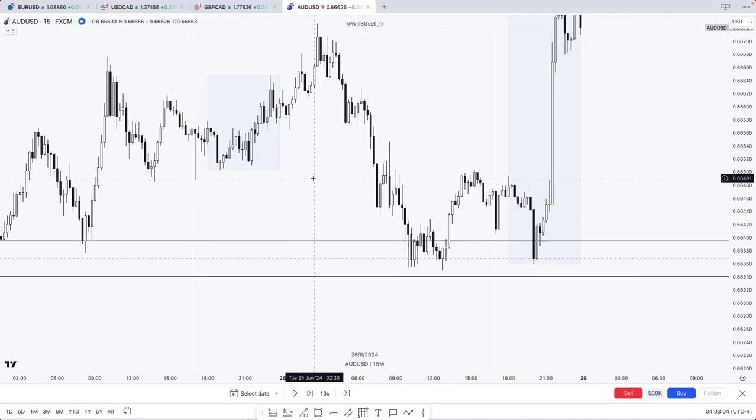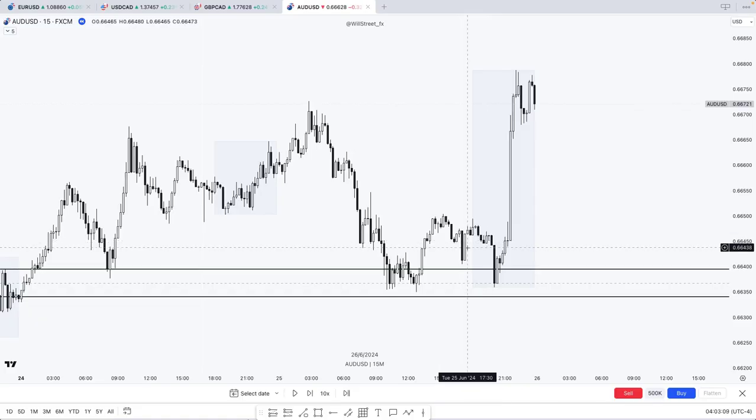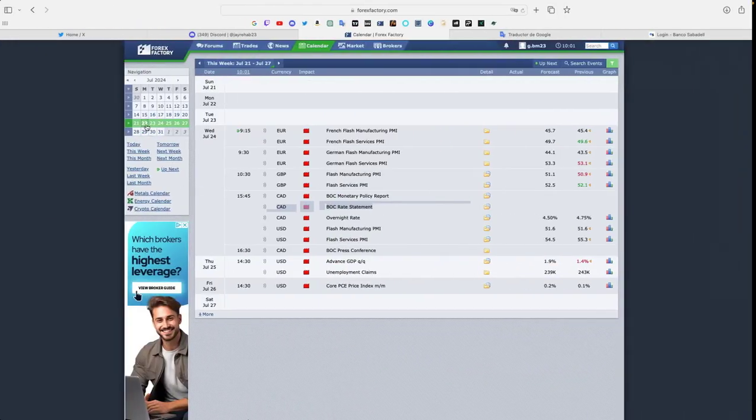This is the current new week opening up of that particular week. And let's find that economic calendar. What happened? This is Asia. I didn't trade it, but it was really clean.